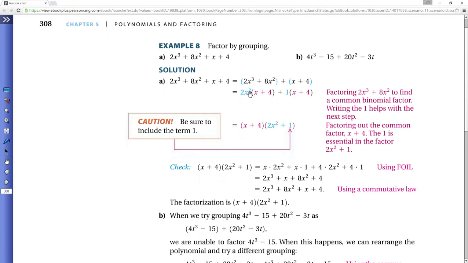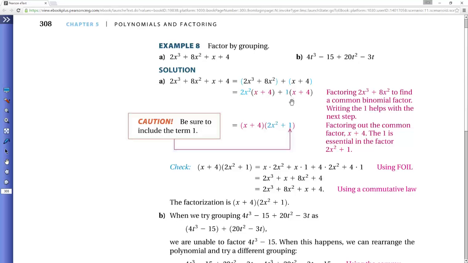And each example they do usually has some kind of issue that a lot of times it's easy to forget. And that is the identity of multiplication. Right here is this first one. It says, what happens when I group these and I factor this and I get this x plus 4, and this is just x plus 4. What is multiplied by that so I can do the factoring, right? Well, remember, you can multiply 1 by anything. So what you do is you put in a multiplication of 1.